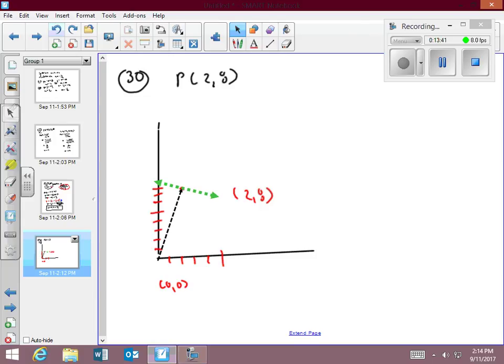Let's just say that that's perpendicular. And remember that this point right here is 2, 8. So with that information, they want the equation of that green line.